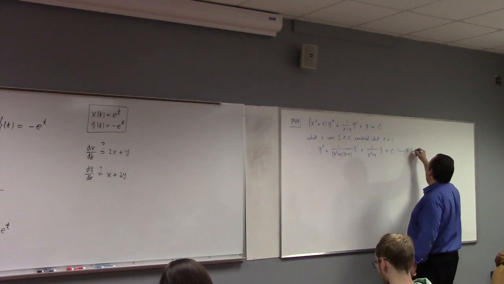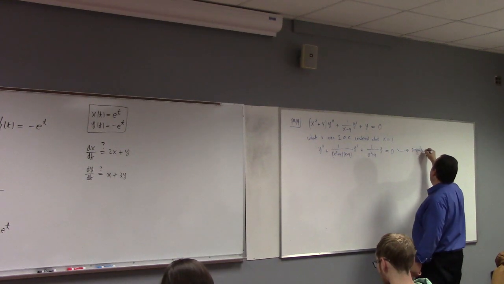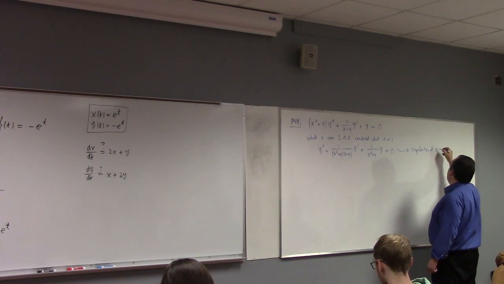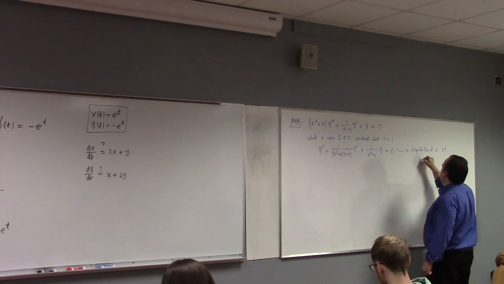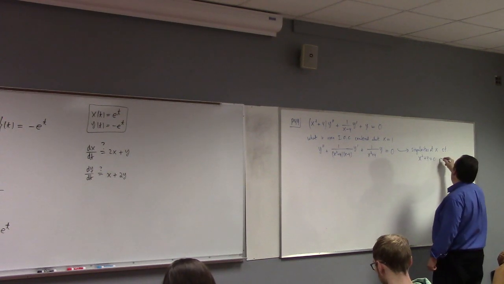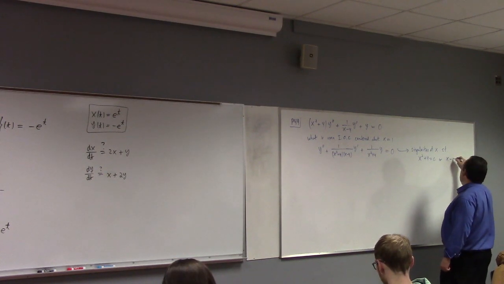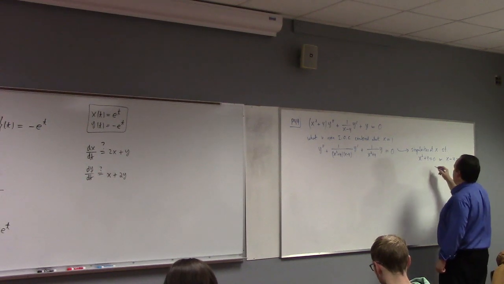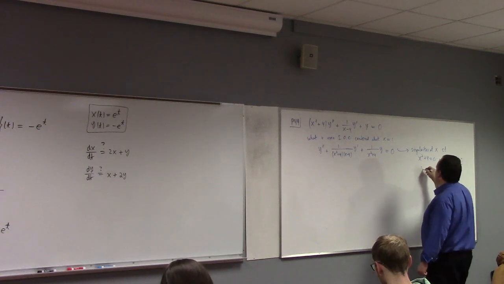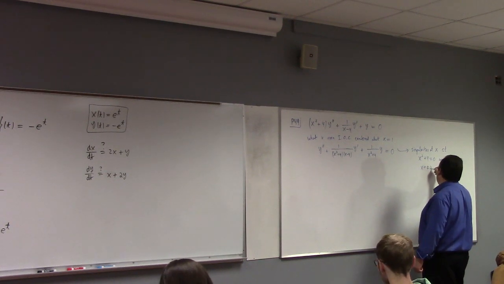So this has singularities at x such that either x squared plus 4 is equal to 0 or x minus 4 is equal to 0. So we get a real singularity at 4, and complex singularities at plus or minus 2i.